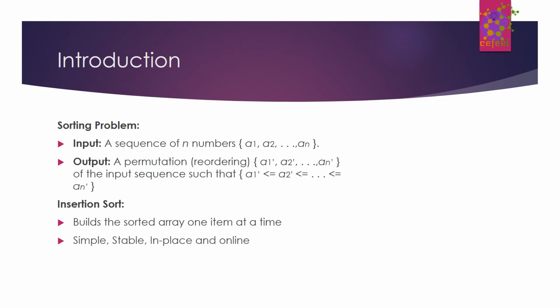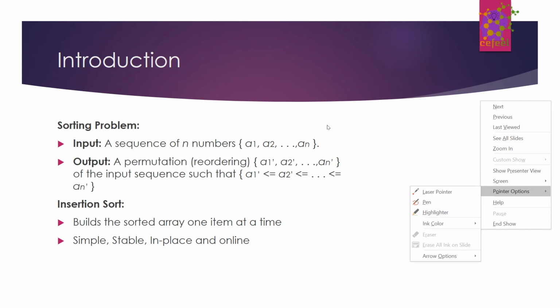It is stable. A stable algorithm means that if there are two items of the same value, their order from the original sequence still remains in place. It is also in-place, which means we don't need an additional amount of space to sort an array. And online, which is a very important property, pretty popular these days.